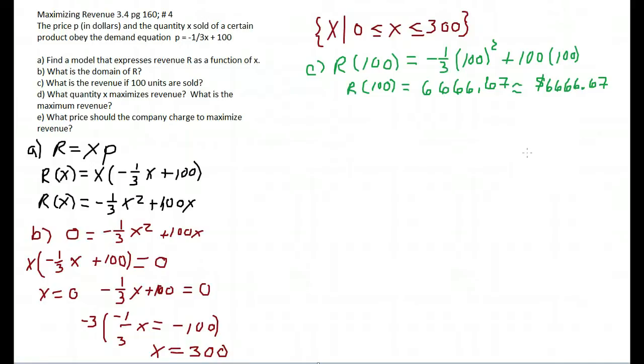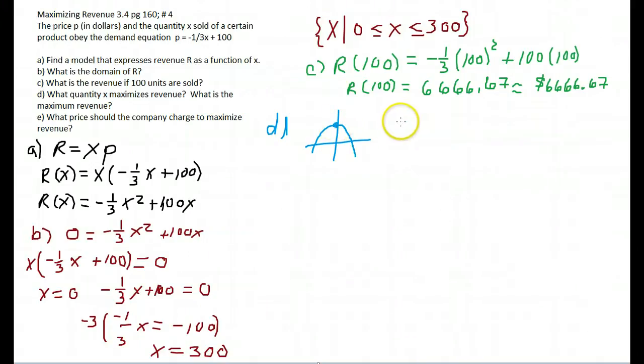Now, part D. What quantity maximizes the revenue? Well, if you think about this, we have a parabola. What this function really is, if we just had a generic function, since the squared term is negative, it looks like this. We want to find the maximum revenue, which would be the vertex.